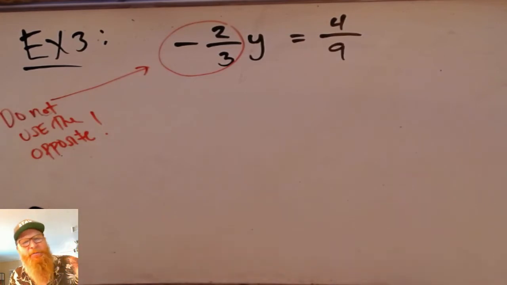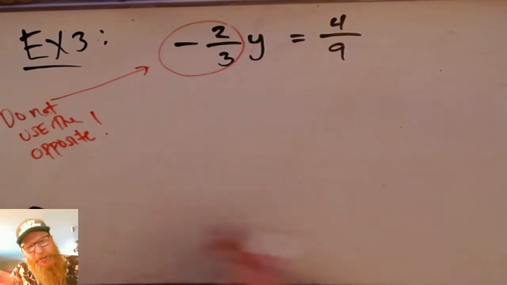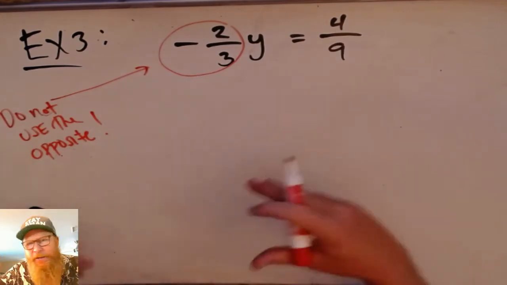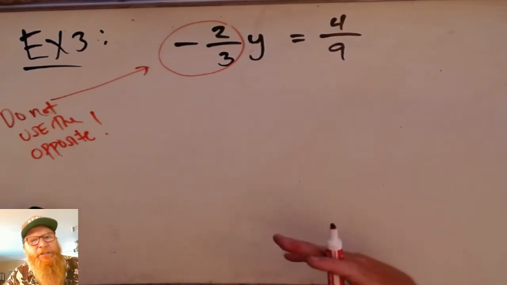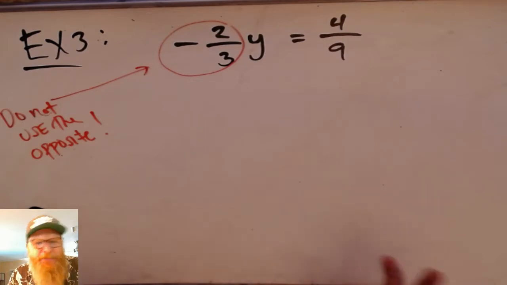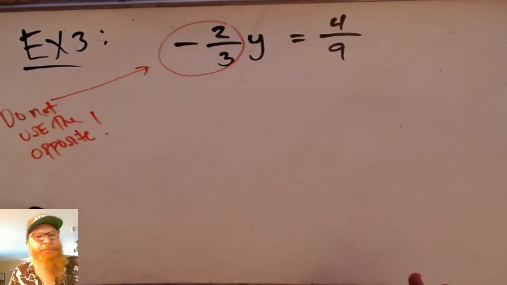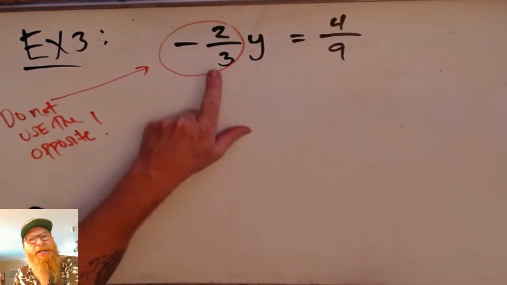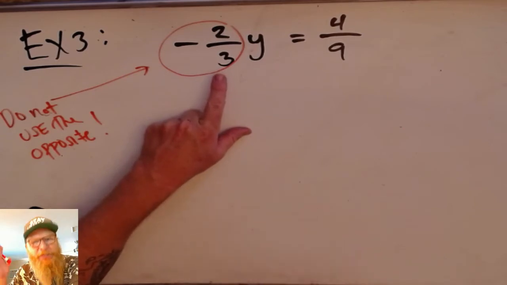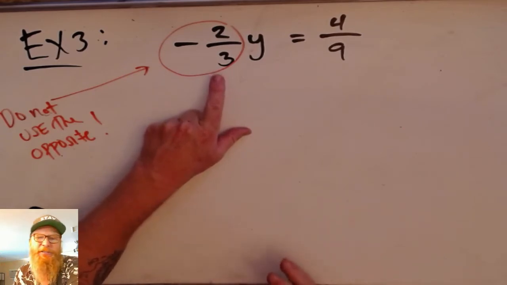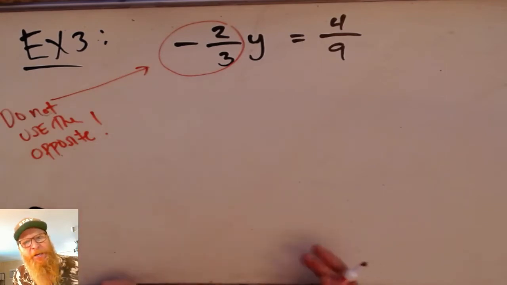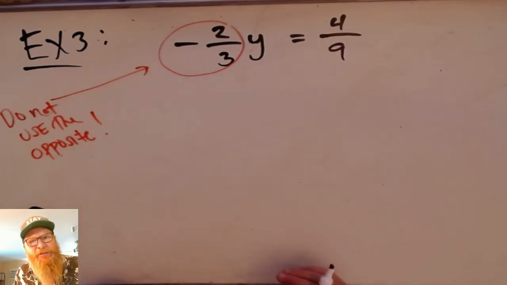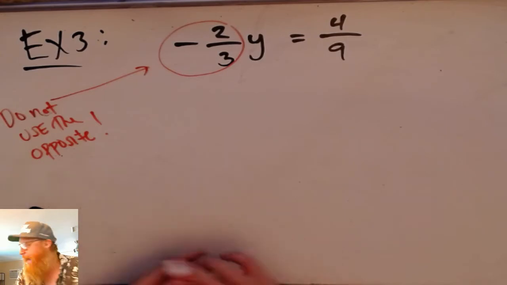A very common mistake, and I understand why it happens, because earlier in the semester when we were learning the basic integer equations, or whole number equations even, I would always say use the opposite value, all right? But that's not true when we're talking about coefficients, multiplication, division, fractions, things like that. We're not going to use the opposite. The reciprocal of negative 2/3 is negative 3/2.